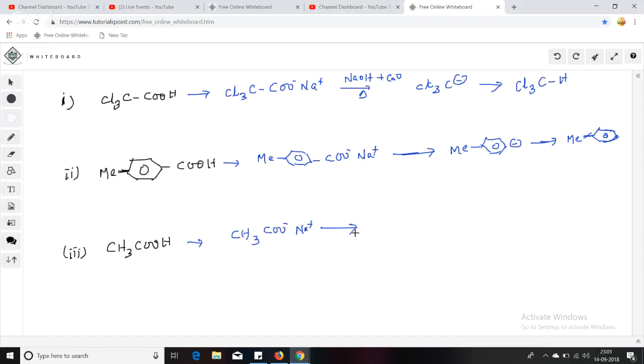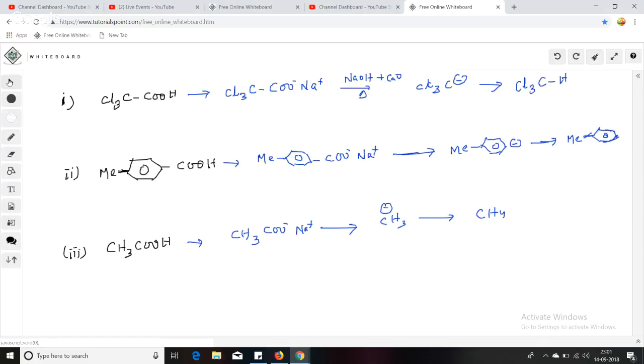This undergoes the same reaction and forms CH3 minus, which gives you CH4 further. Now the question here is which one of these will undergo decarboxylation easily, and they have asked a question on this in the JEE exam.